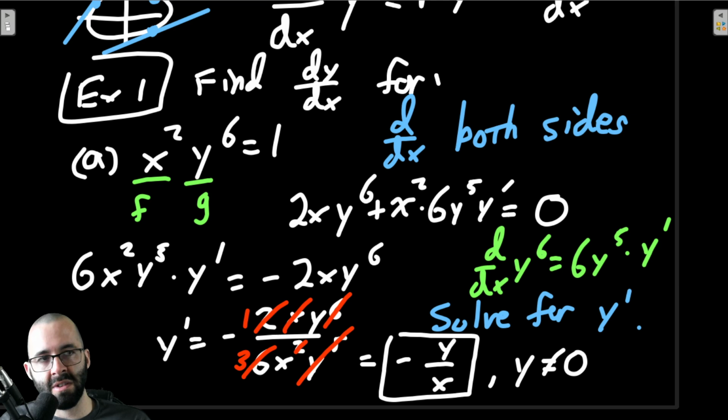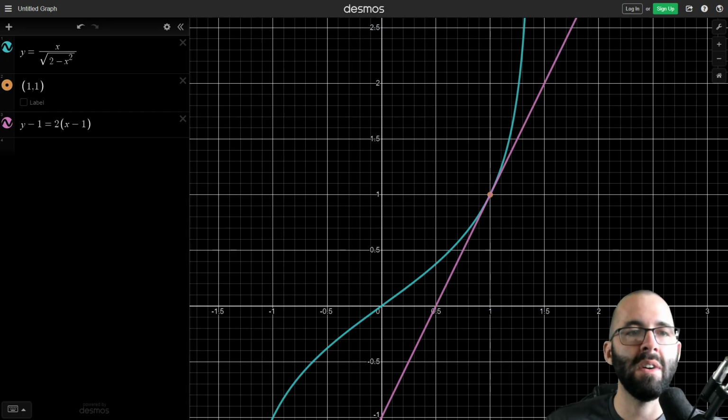If y is 0, there's no derivative. We'll see what that looks like in a sec. No, we'll see what that looks like right now, okay? So I claim that this derivative is not defined when x or y is equal to 0. That's my claim to you guys. Let's look at it, okay? The derivative is not defined when either x or y is equal to 0.